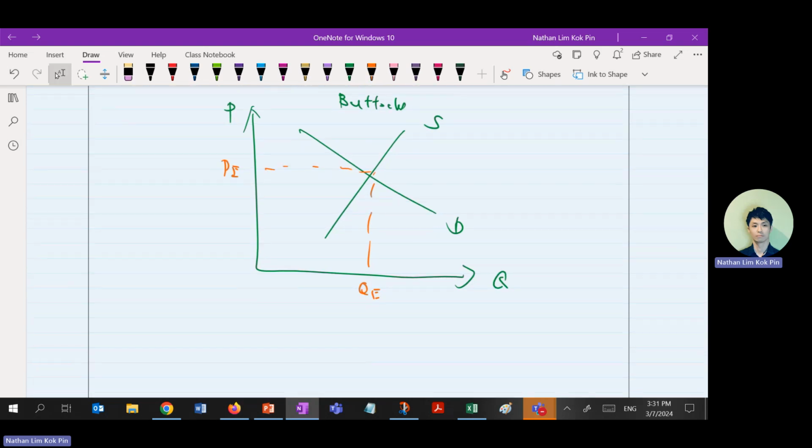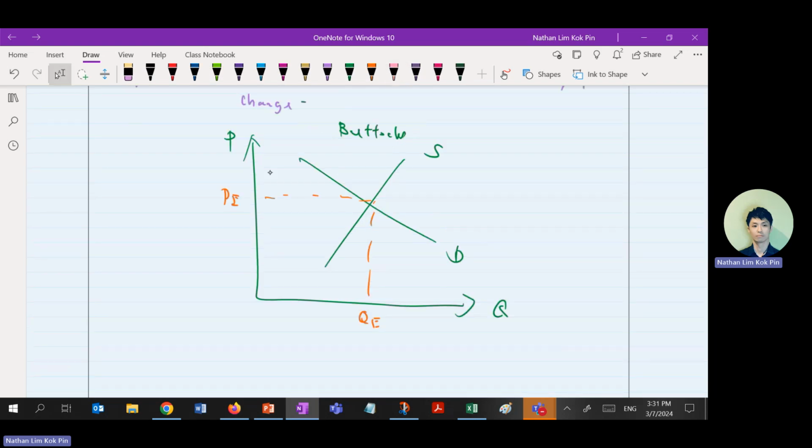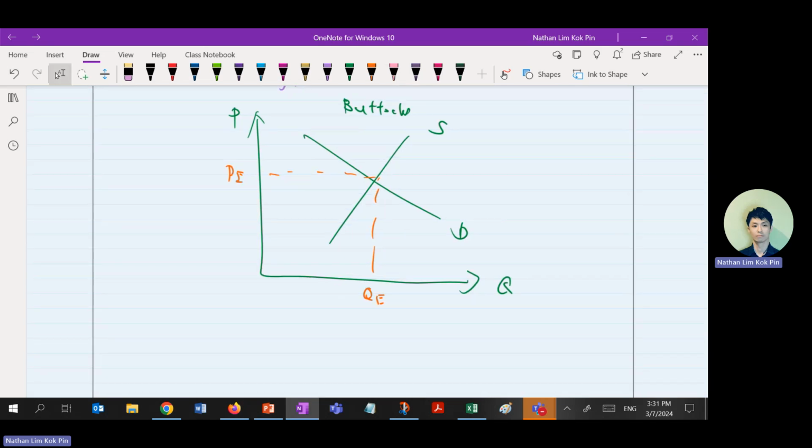Will they ask you what is market equilibrium and explain market equilibrium? Maybe not. For example, like if P1 is greater than PE, then what will happen? The price is too high for consumers, so quantity demanded will go down. The price is too high for suppliers too, suppliers like it, so quantity supplied will increase.